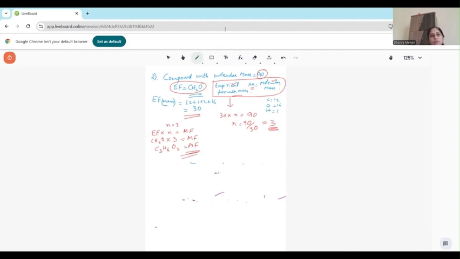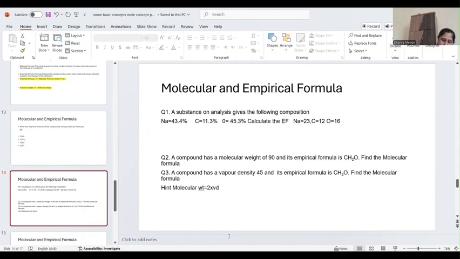Now, we will do one more question on this. Question number 3: a compound has a vapor density of 45 and the empirical formula is CH2O.